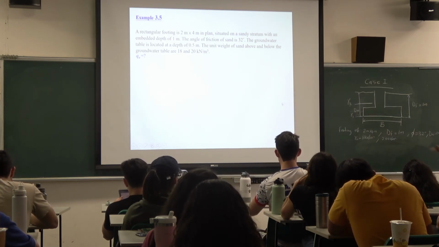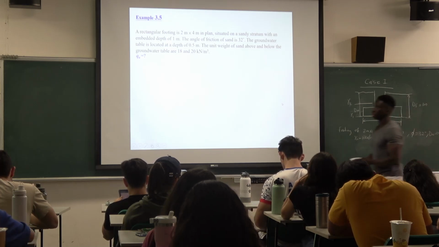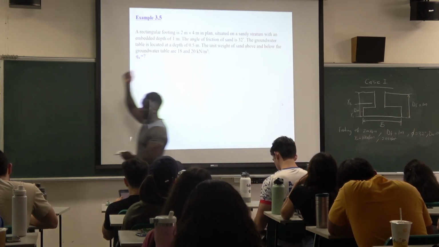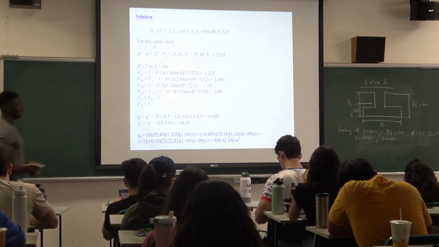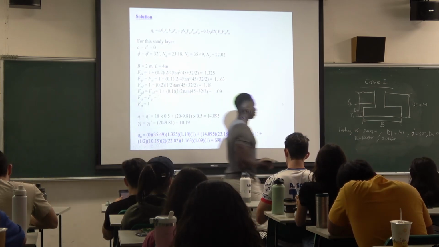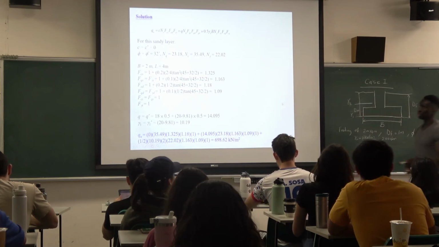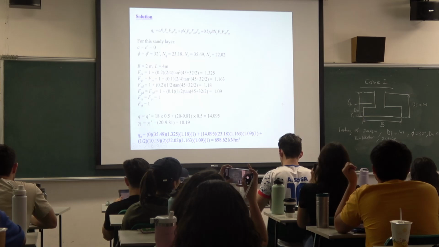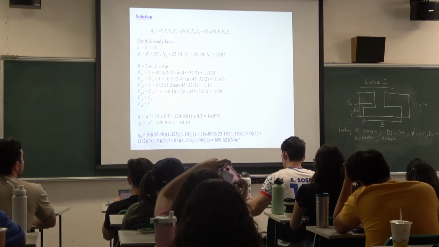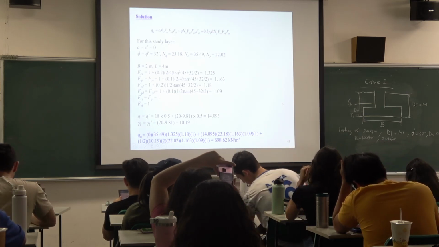In order to solve this problem, we have to find the QU, right? First and foremost, we are dealing with sand, and typically the cohesion will be 0. So that one is already given there, right? C equal to C prime, which is 0 when we are dealing with sand. And then you have the frictional angle of 32.